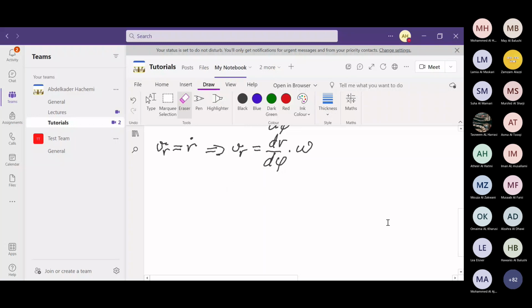That's what we have here. We write separation of variable.